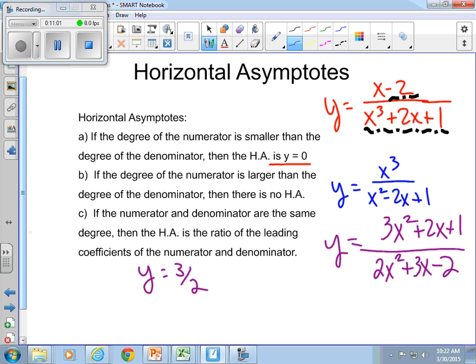So today we're going to be finding 4 things: domain, vertical asymptotes, holes, and horizontal asymptotes. 4 things that we're going to pick out from a rational function.